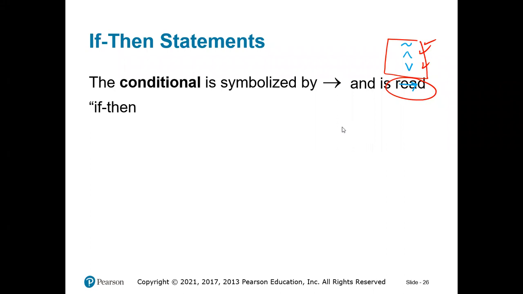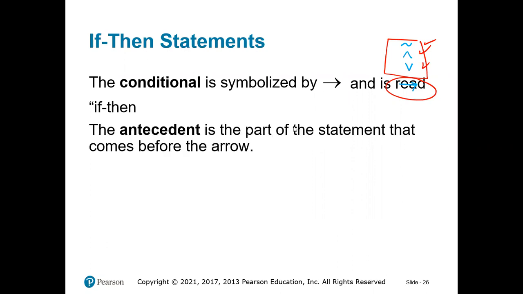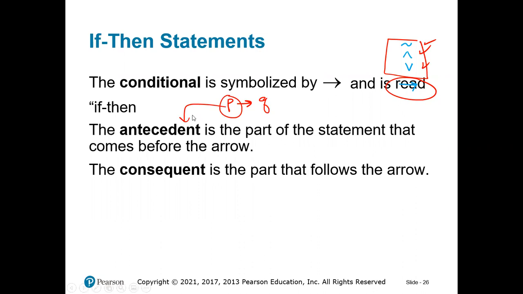Again, the conditional, the symbol for it is just the arrow going in this direction. We talk about the antecedent as the part of the statement that comes before the arrow. So here we are going to have if P then Q. P is called the antecedent, and Q is called the consequent.